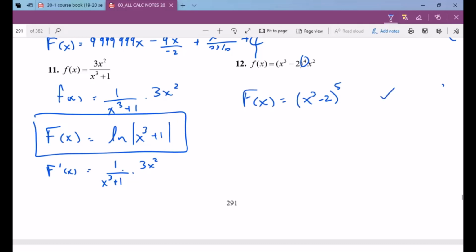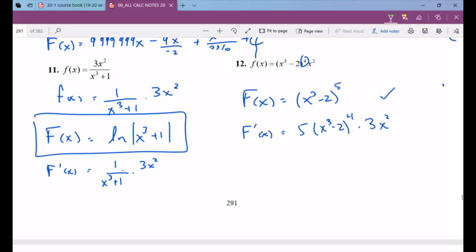If this was our original function that we're going to differentiate, what happens if I take f prime of that? Well, that 5 would come down front, the inside stays the same, and this becomes a 4. And then we multiply that by the derivative of the inside, which is 3x squared.